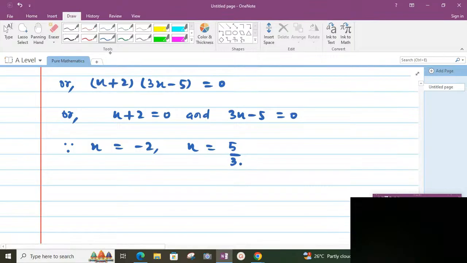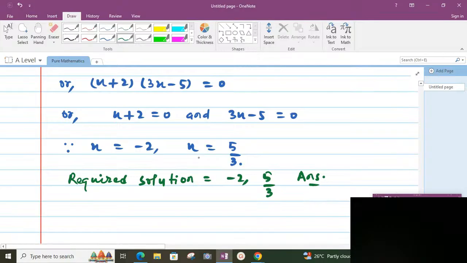So the required solution here will be minus 2 and 5 by 3. So this is the answer.